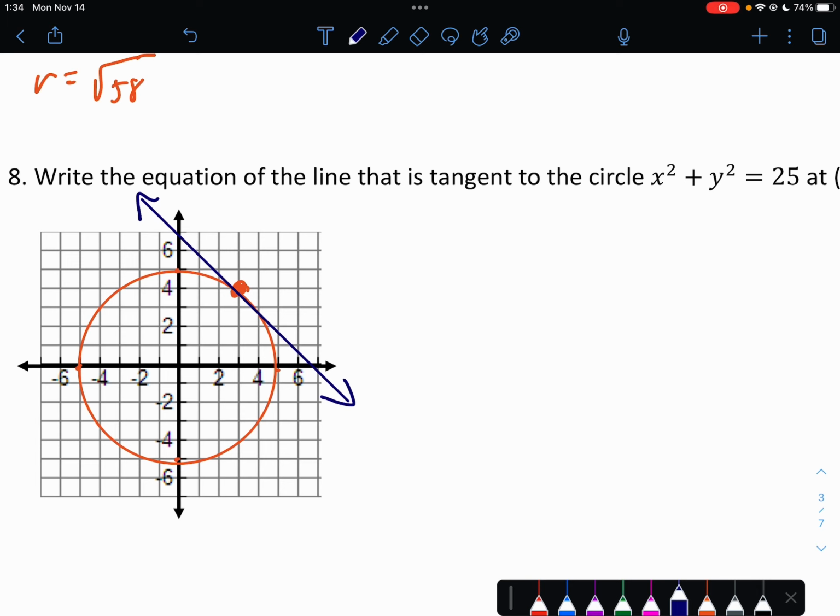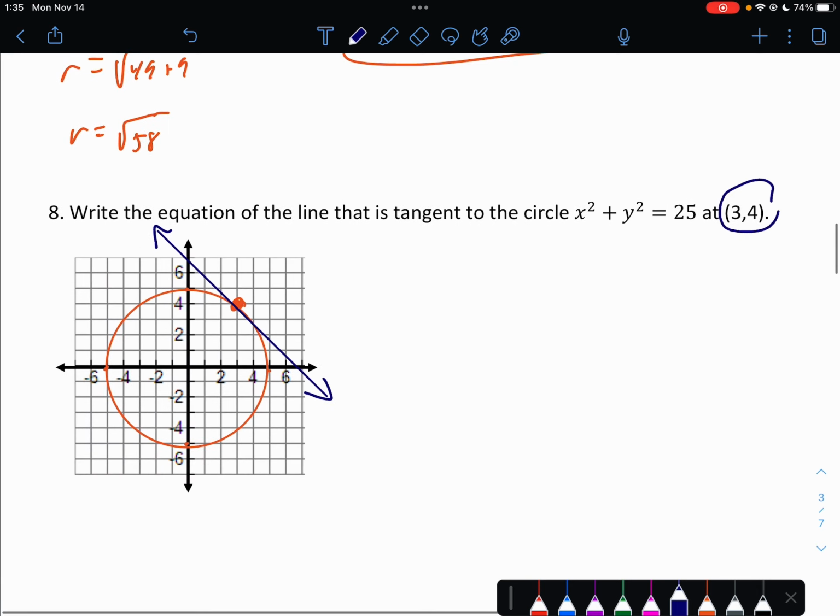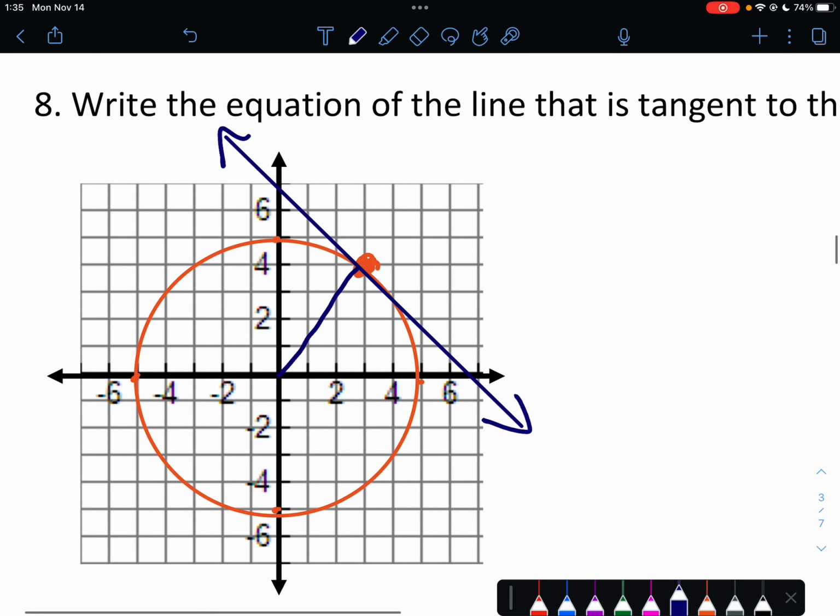What do we need? We need a point and a slope. The point is 3, 4. So the slope, how do we find the slope? Well, important thing to remember from geometry is that the tangent line is perpendicular to a radius drawn. So if we can find the slope of the radius, then we can find the slope of the tangent line. So the slope of the radius, so m subscript r, is going to be the slope between those 2 points.